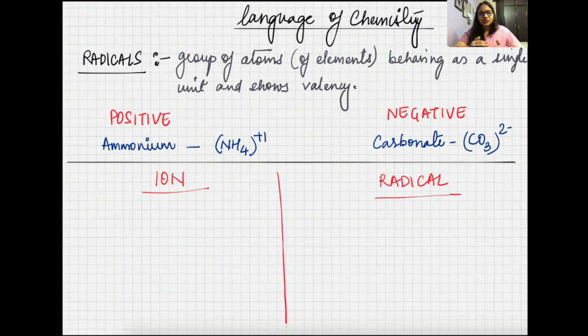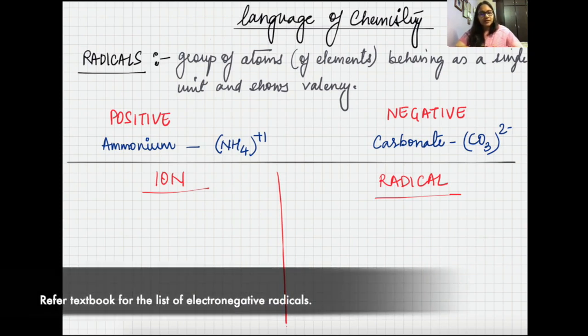So radicals also have monovalent, divalent, and trivalent radicals. Ammonium ion here is a monovalent electropositive radical, and carbonate ion here is a divalent electronegative radical.